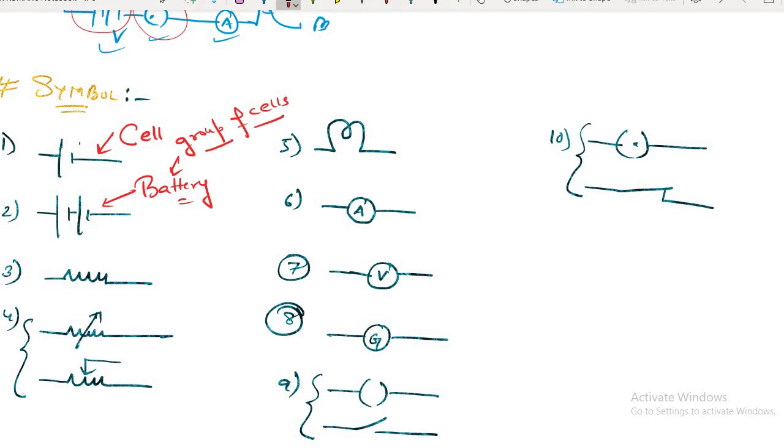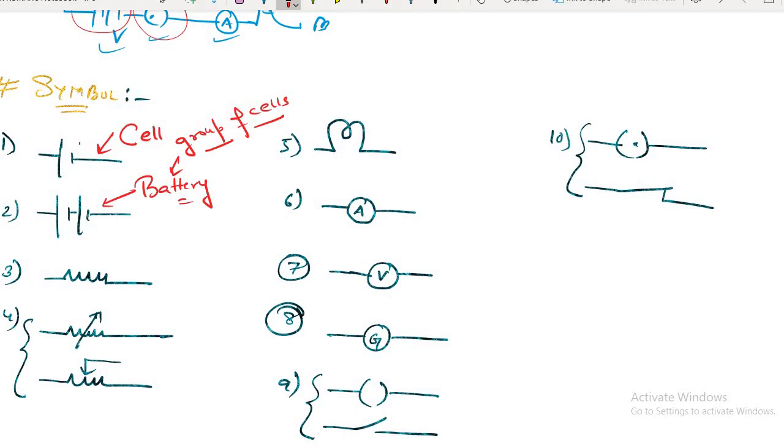We have a wall clock, no? In a wall clock, one thing we put inside every day. What is that? We put a cell there.